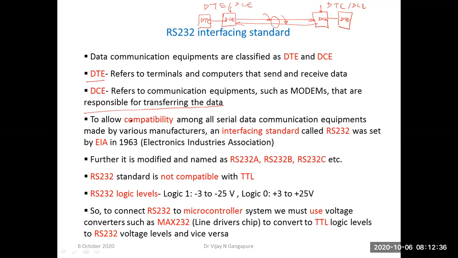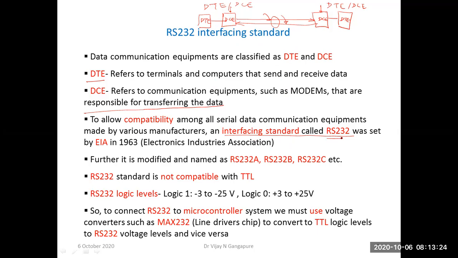Now, to allow compatibility among all serial data communication equipments like DTEs and DCEs being manufactured by different manufacturers, so that I can use any manufacturer's DTE or DCE in my system, an interfacing standard called RS232 was introduced.